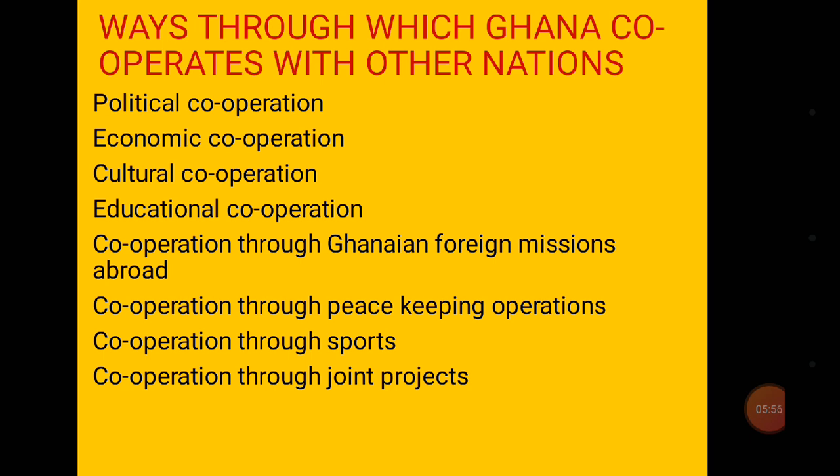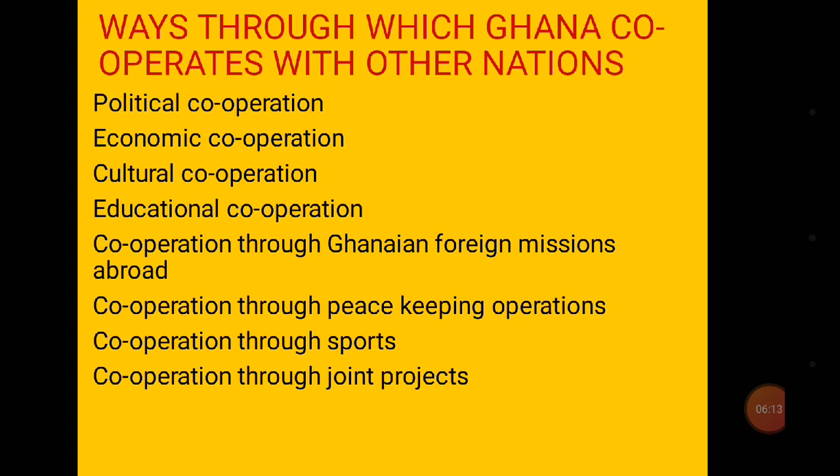We have explained that cooperation is coming together to achieve a common goal. When Ghanaian troops are sent on peacekeeping operations together with soldiers from other countries, that is cooperation.